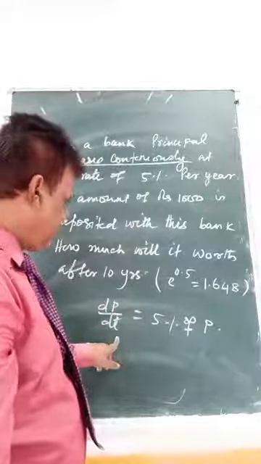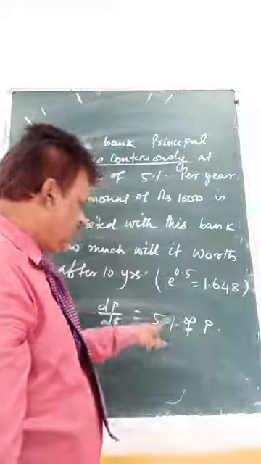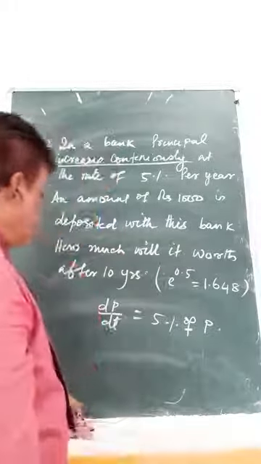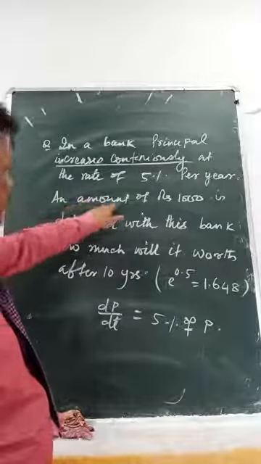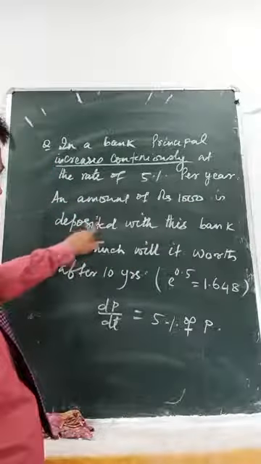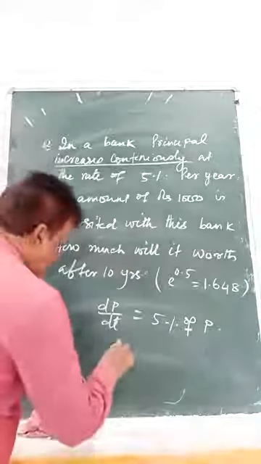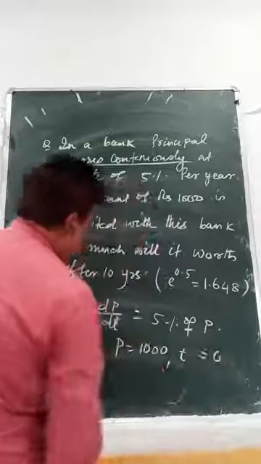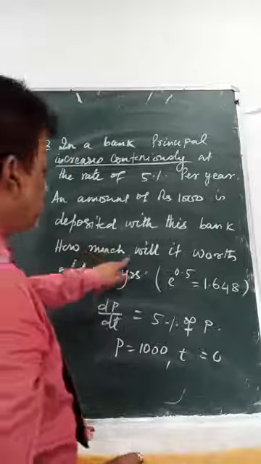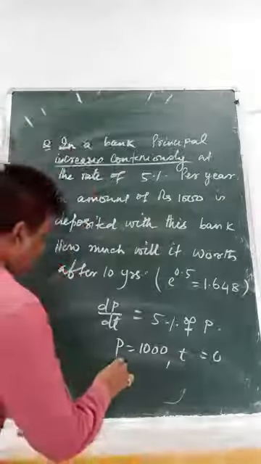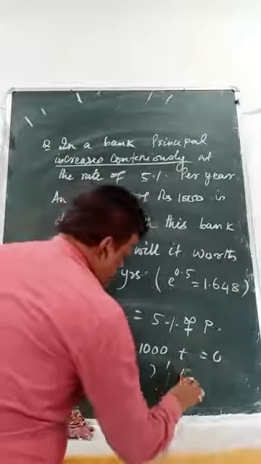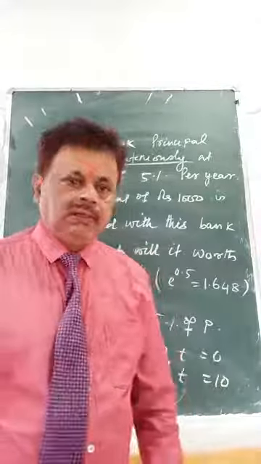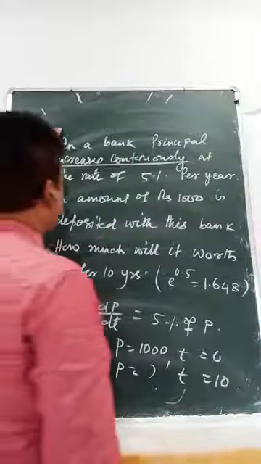The change of principal is 5% on what? On the principal. So how to solve them? An amount of 1000 deposited with this bank means your principal is 1000 at time 0. How much will it be worth? Means principal you have to find out, time is 10 years.